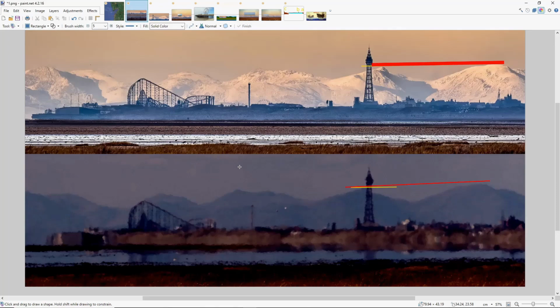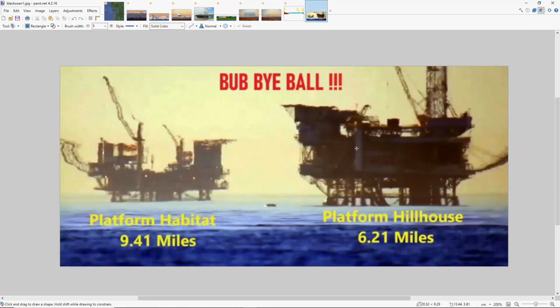I can't think of anybody else that's been able to prove beyond a shadow of a doubt refraction. But I do believe that the body of research that I did over the years, which shows these incredible footages from shore to shore, and yet we have this demonstrable proof which clearly shows drop, clearly shows it, proving beyond a shadow of a doubt that this is refraction that you are seeing in this image. 100%.